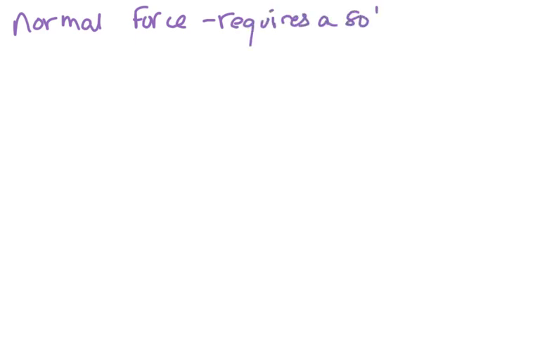All right, so the first one, let's talk about the normal force. The normal force is that force that you get from a surface. So it requires a solid surface. And remember that normal means perpendicular. So whenever we draw a normal force, it's perpendicular to the surface.